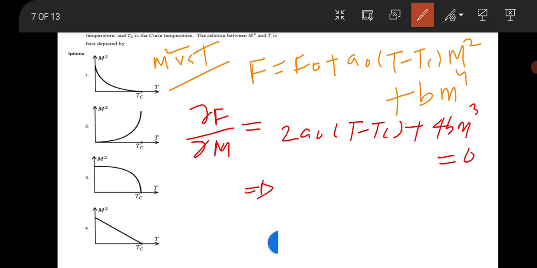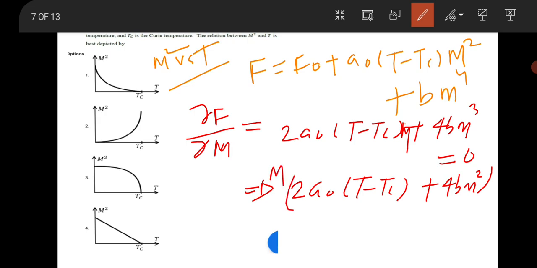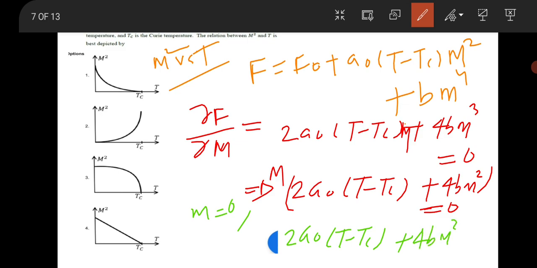Now what happens? Taking m common, 2A0(T - Tc) + 4B m^2 = 0. So the possible choices now: m can be 0, or 2A0(T - Tc) + 4B m^2 = 0.